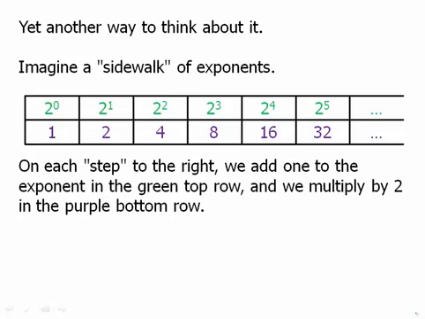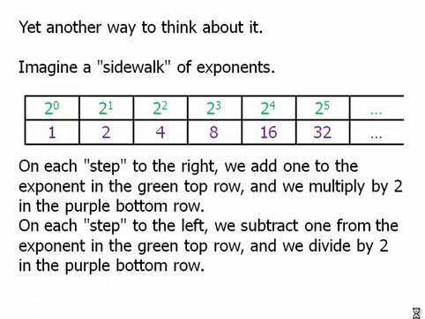And as we move to the right, what's happening is we add 1 to the exponent. So the exponent is increasing in the green row at the top, and we multiply by a factor of 2 in the bottom row. So to go from 1 to 2 to 4 to 8 to 16, each step we're multiplying by 2. That's what happens when we move to the right.